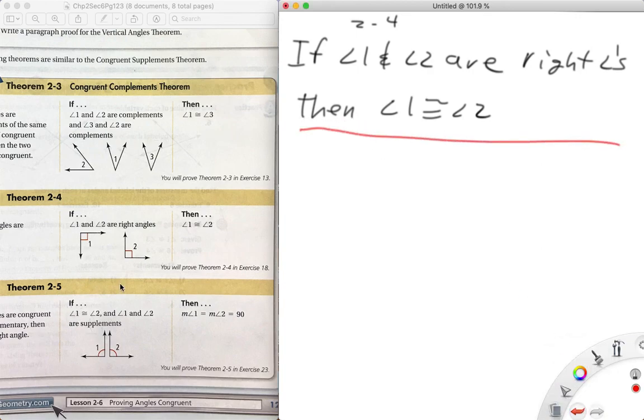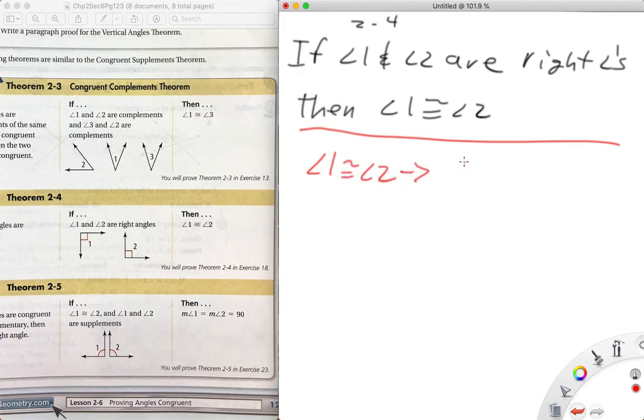Again, when you write these as if-then statements, I'm not going to write the definition because it's here. Here's what they're saying. Angle 1 is congruent to angle 2, right?